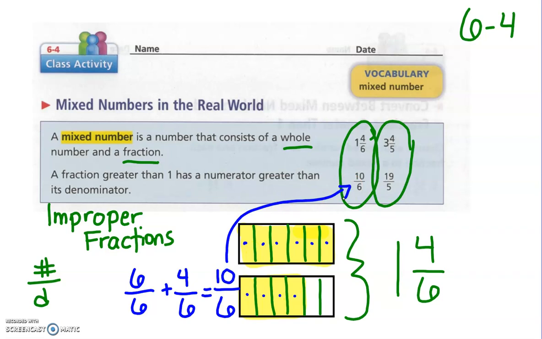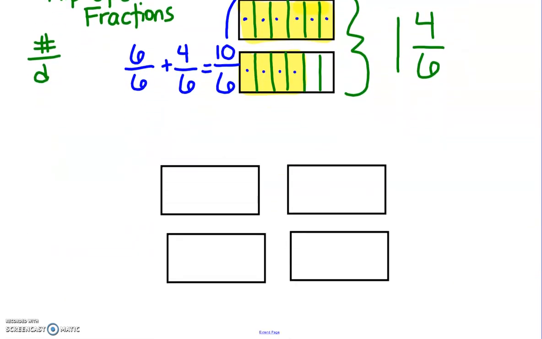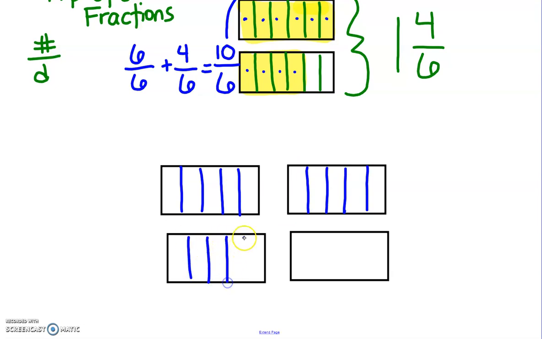So let's show you again that with 3 4/5 and 19/5. So if I come down here, and I've got my 4 candy bars all set and ready to go, but this time they've all been cut into 5 equal pieces, which of course are harder to cut up, but that's okay. You get the picture there.